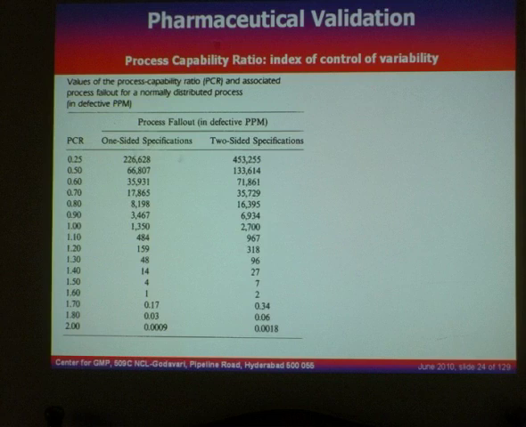And in the case of a two-sided specification, you will be producing less than 7 defectives or non-conforming units per million. Of course, if you go to process capability ratios as high as 2, you will be producing almost no defectives per million, 0.0009 in case of a one-sided specification and 0.0018 per million of a two-sided specification. In other words, it's not talking about parts per million. If you were to talk about parts per billion, you're producing less than 2 defectives per billion.